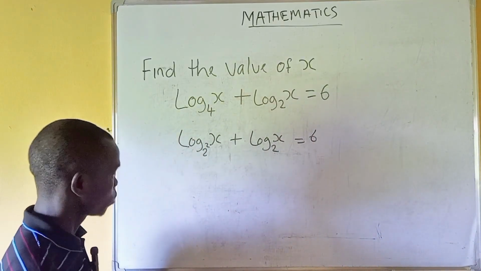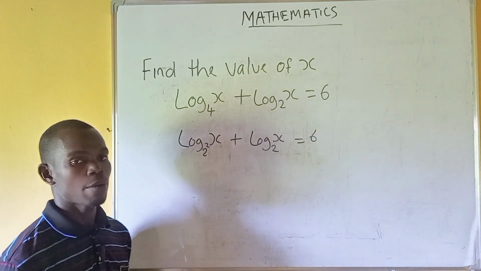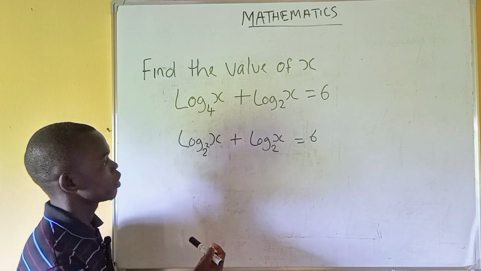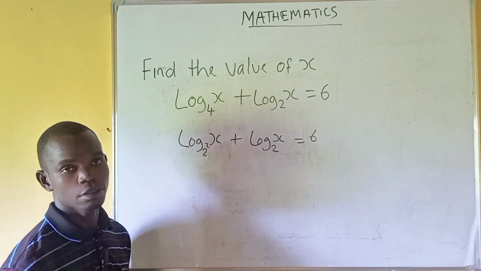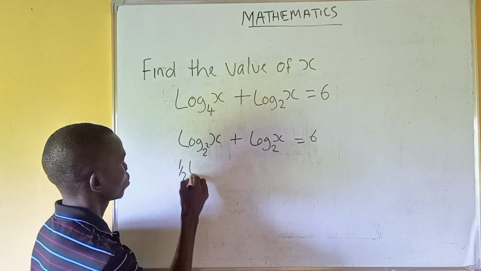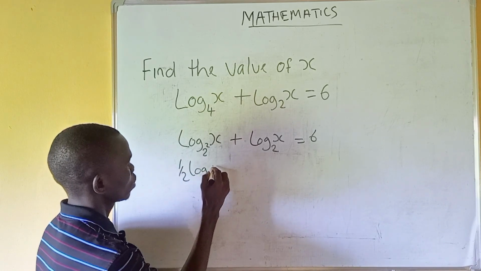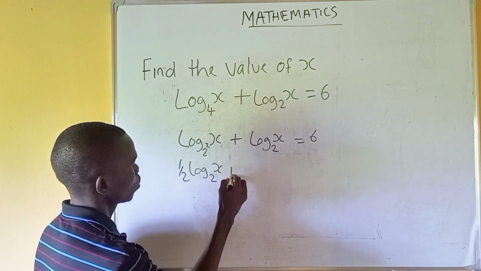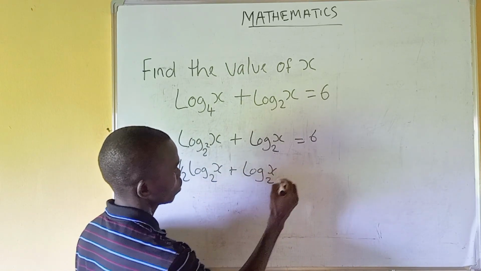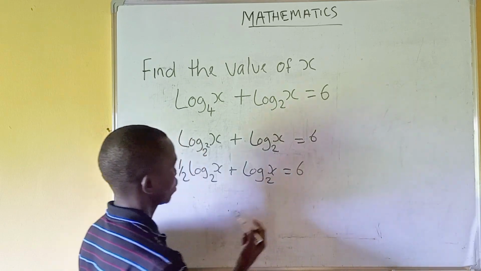And from the power to the base, which is from our previous class, we said that the reciprocal of this power is used to multiply the logarithm, which will now be 1 over 2 log s base 2 plus log s base 2 equals 6.